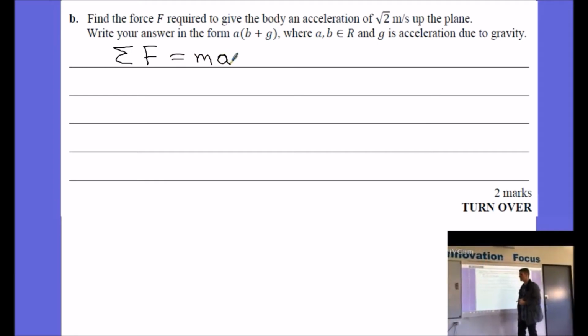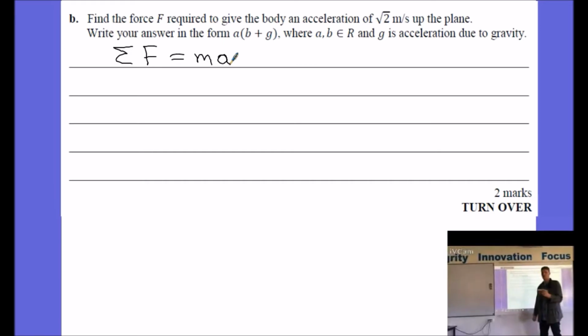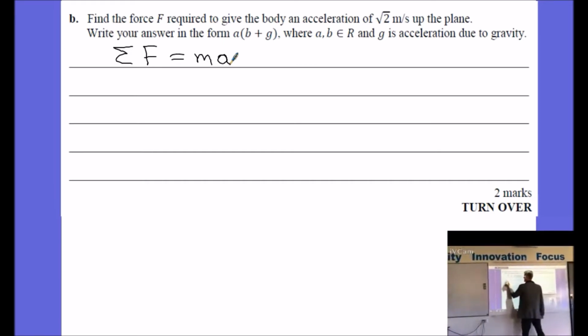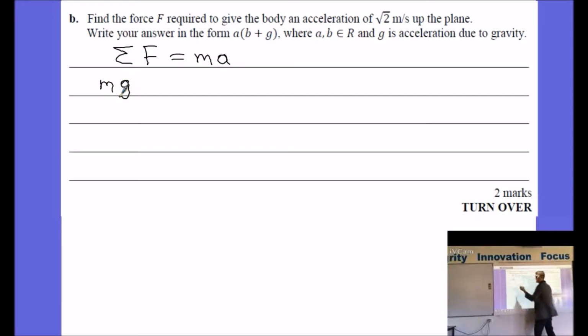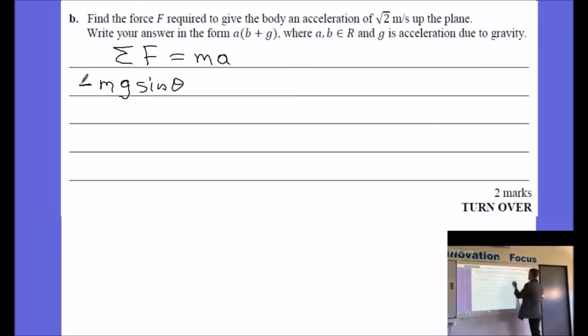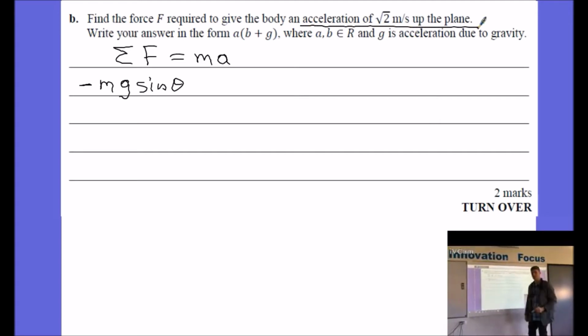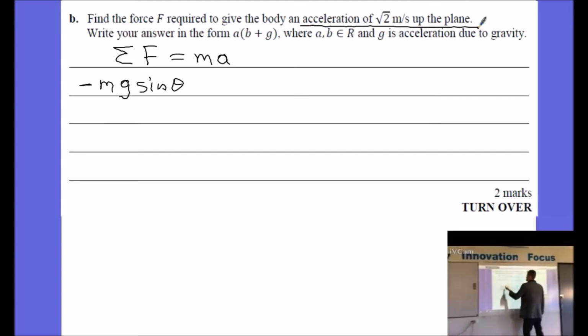There are two forces. One is the weight force heading down the plane. Down the plane, the component of the weight force is the sine theta component, and down the plane is the opposite direction to the acceleration, which is heading up the plane.